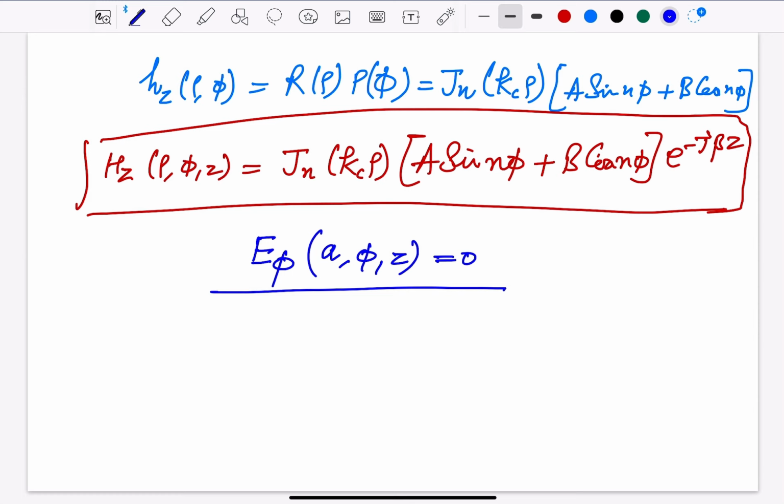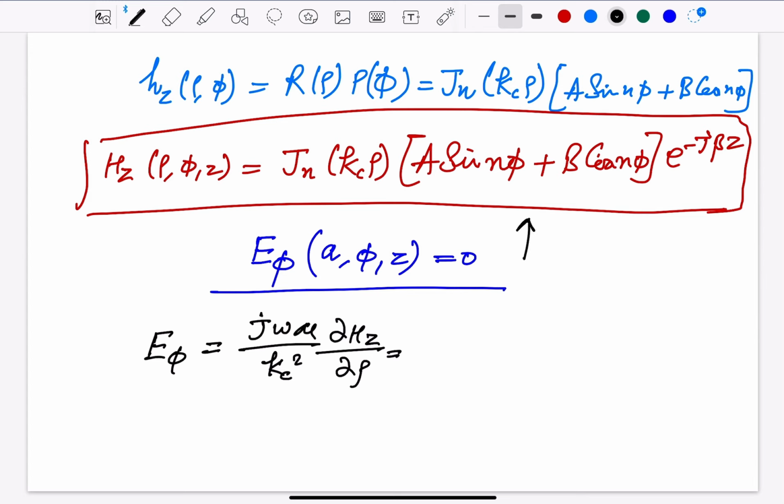Let me recall this E phi in terms of the Hz. We already derived last time this relation, with dou Hz over dou rho, and you're supposed to differentiate this Hz with respect to rho.